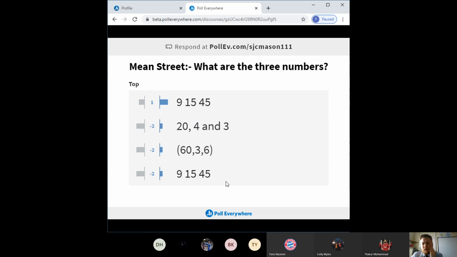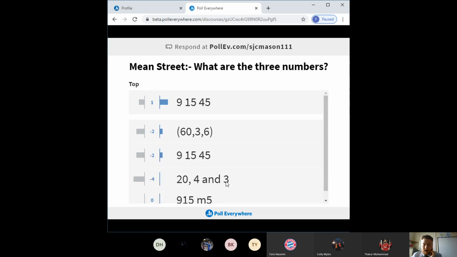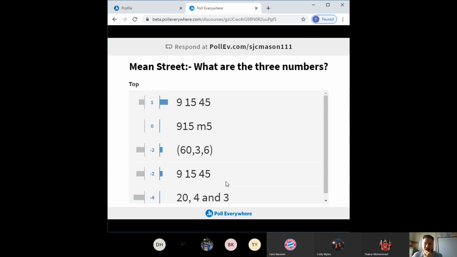Other people have suggested 24 and 3, 63 and 6, and 9, 15, M5. I don't know what that means, but I think you were on the track of 9, 15 and 45. It seems like that is the most popular answer.